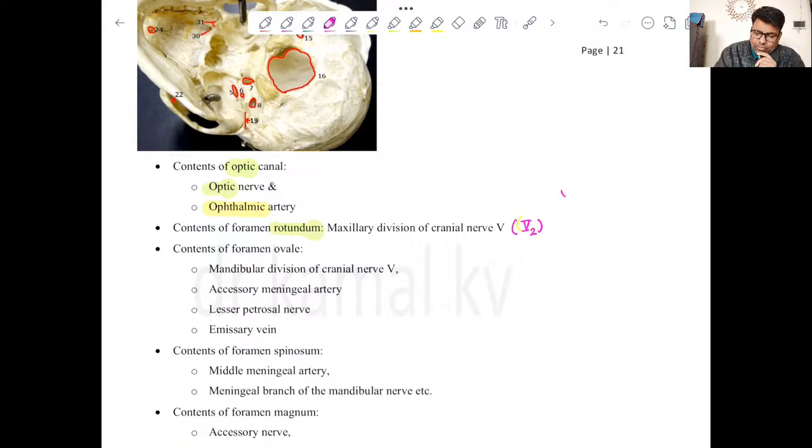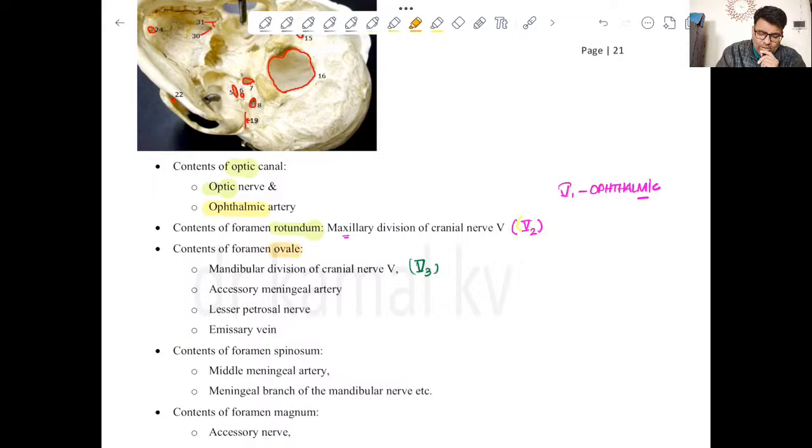Because 5-1 is ophthalmic, right? 5-2 is maxillary, and 5-3 passes through foramen ovale, that is mandibular.